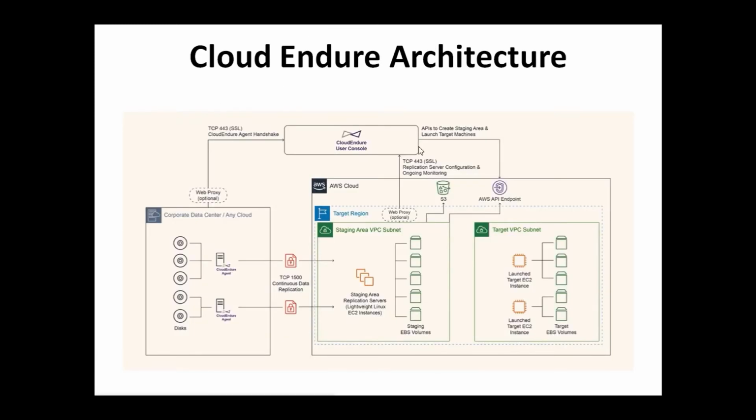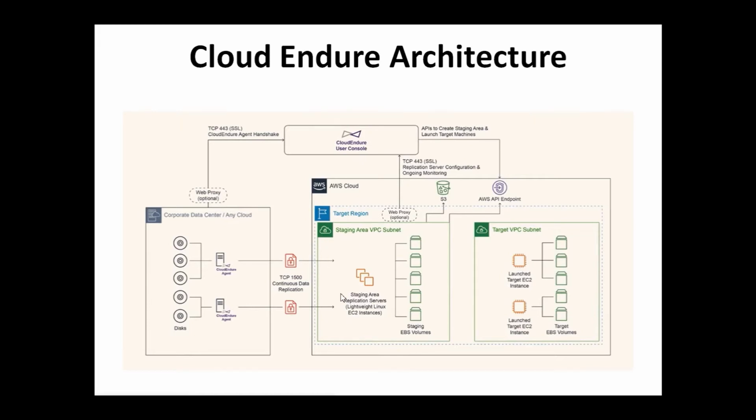Next, this is the Cloud Endure architecture, where this is the source, this is the staging area, which I said we'll be covering during our architecture session, and this is the target. So what is the staging area?